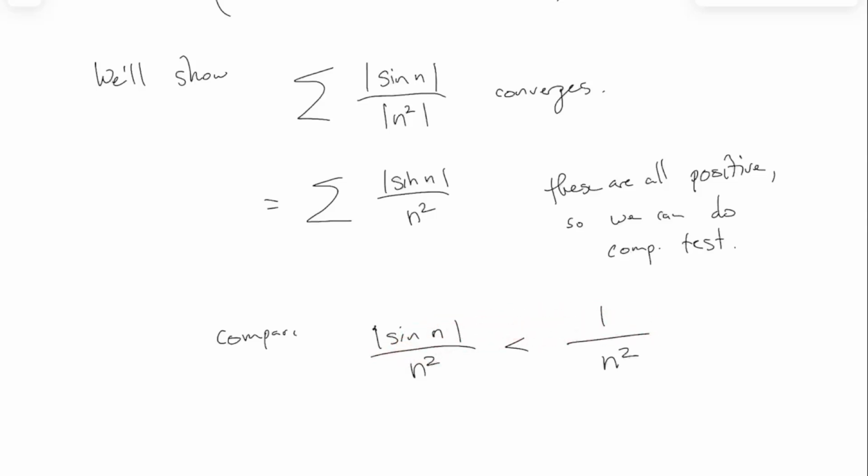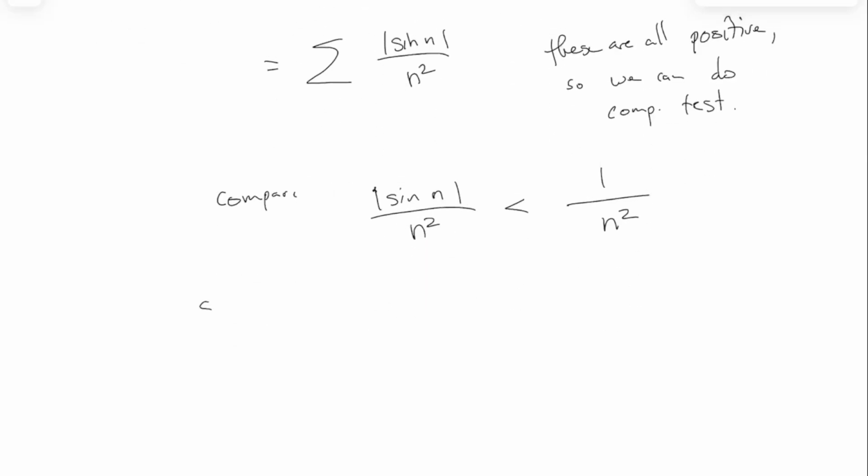All right? So we can compare it in this way, which means, remember this is how the comparison test goes. So if the sum of 1 over n squared converges, then also the sum of what we're looking for, absolute value sine n over n squared, converges.